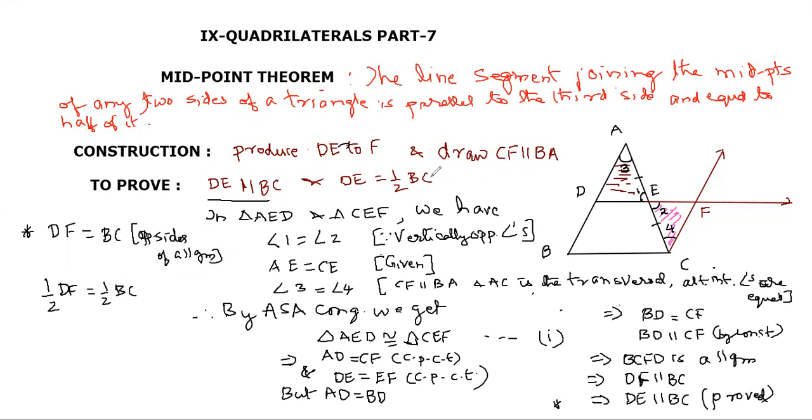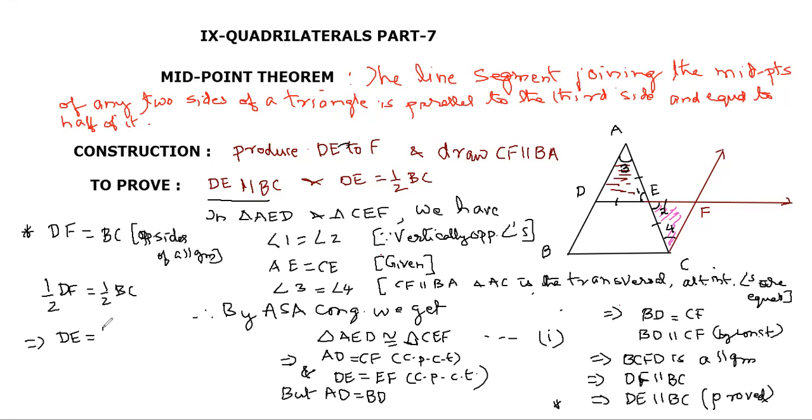And 1 by 2 of DF: E is the midpoint. By CPCT, DE is also equal to EF, because these two triangles are congruent. Therefore, half of DF will be equal to DE.